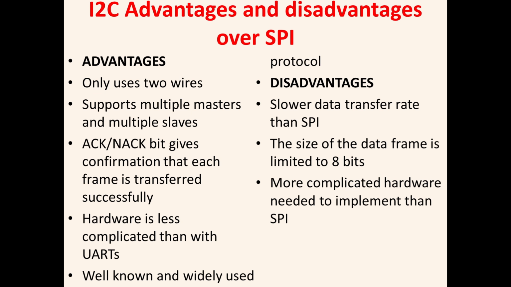Now this protocol, because of this acknowledgement, is most preferred and widely used in embedded systems. Even so, there are some disadvantages to I2C, such as a slower data transfer rate than SPI.